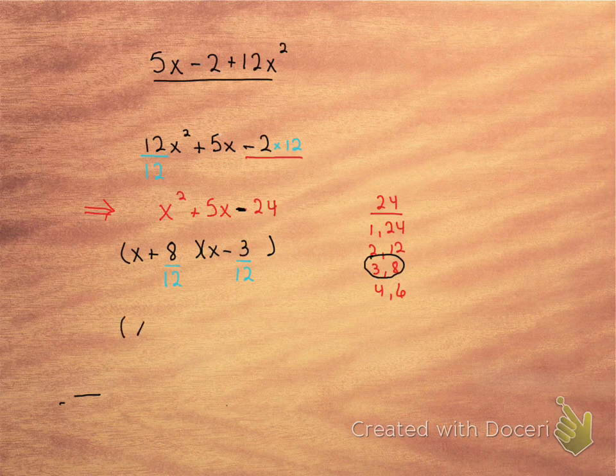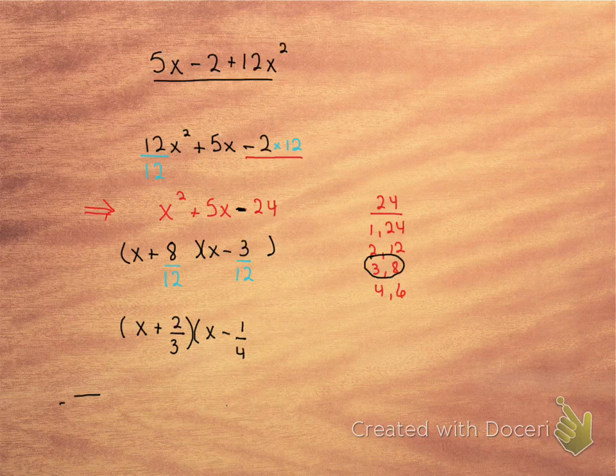So 8 over 12 reduces to 4 over 6, which reduces to 2 over 3. Okay? And 3 over 12 reduces to 1 over 4.